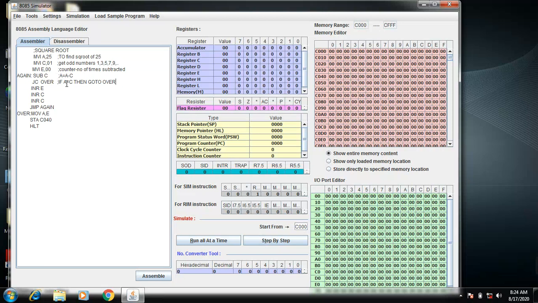When the condition is true, that is A is less than C, jump to over. Or if the condition is false, the next instruction will be executed. So what is our next instruction?